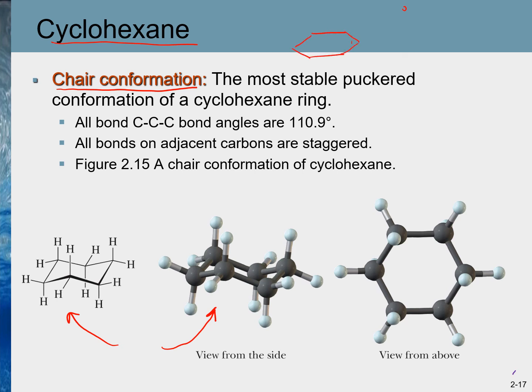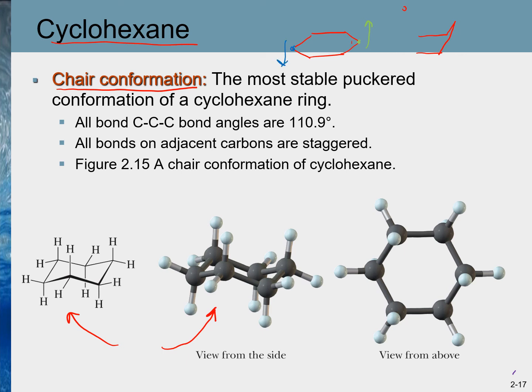If one side of the hexagon, one edge of the hexagon, moves above the plane, okay, so these four carbons remain in the plane and this one carbon is above the plane, and the other carbon, this one, moves down the plane.